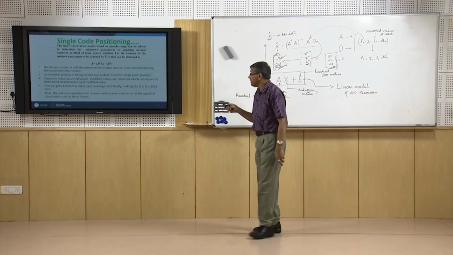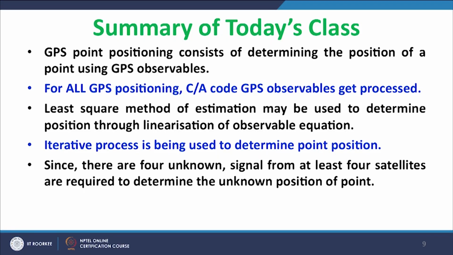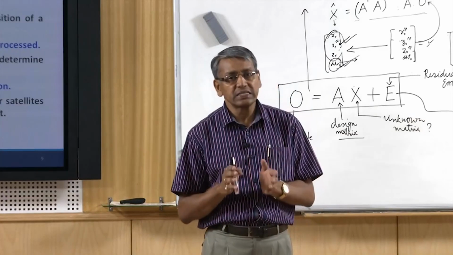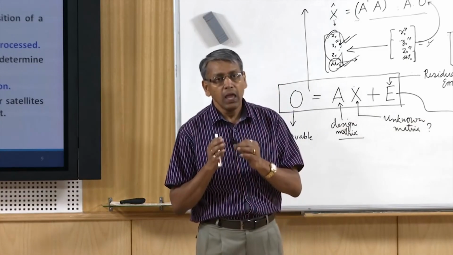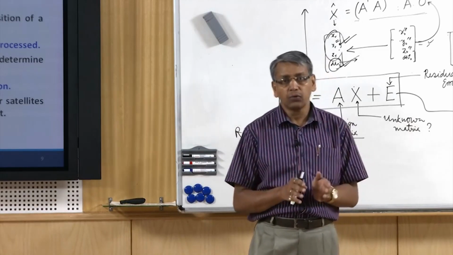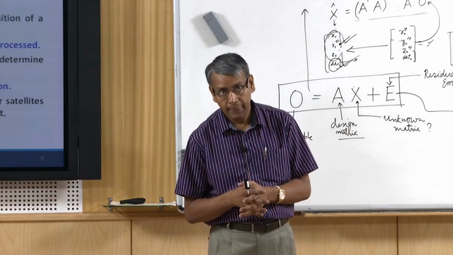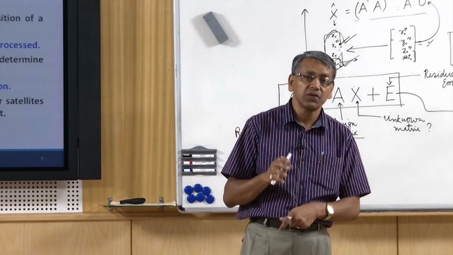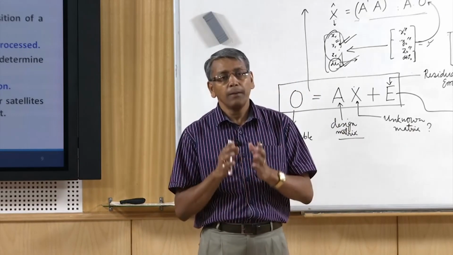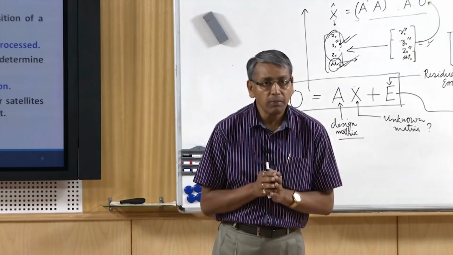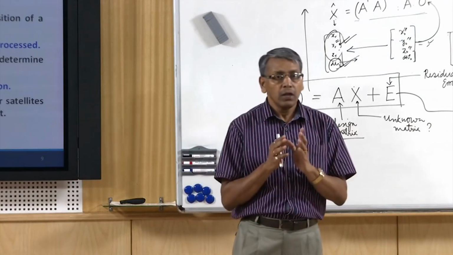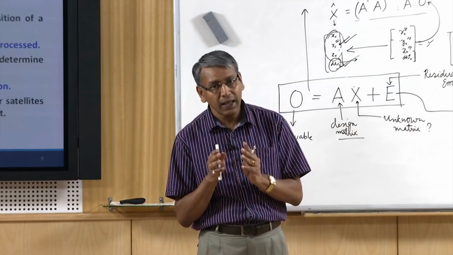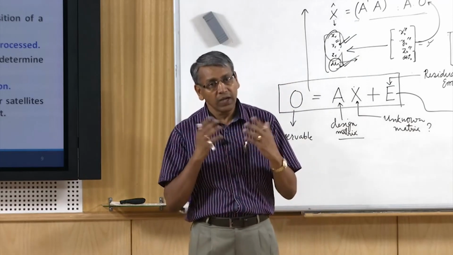With this I want to conclude today's class. Before concluding, I would like to summarize the class: processing of GPS data is done to find out the unknown position of the point at which the receiver has been placed, and to find out the position of the receiver we may process code observables, phase observables either independently or together.